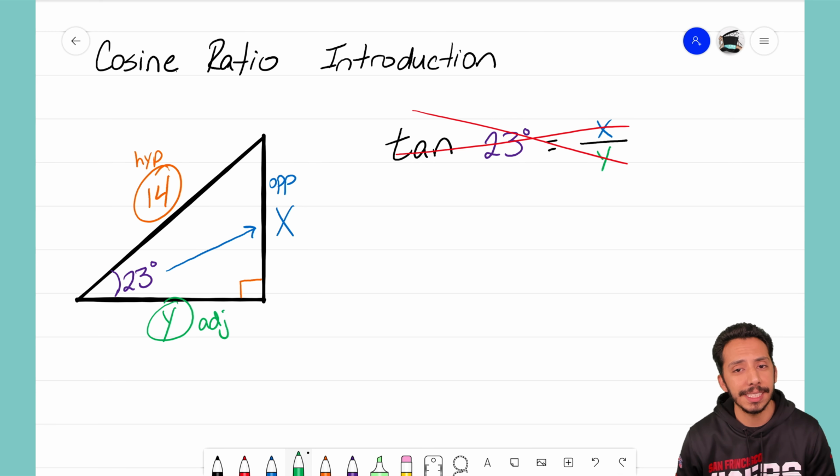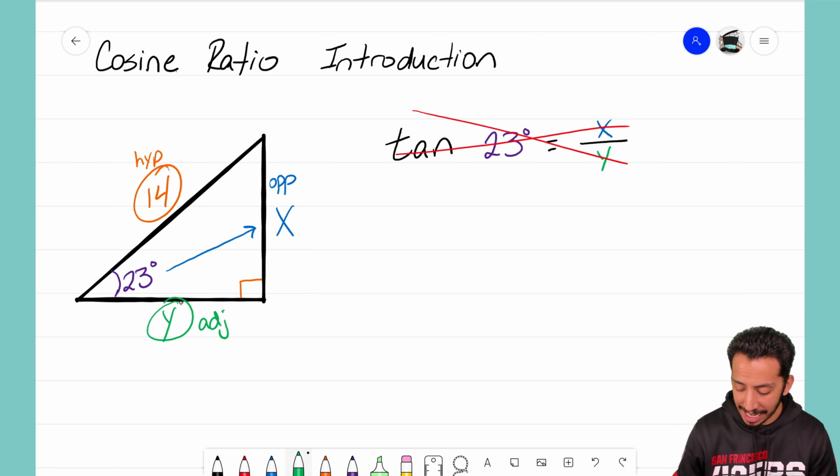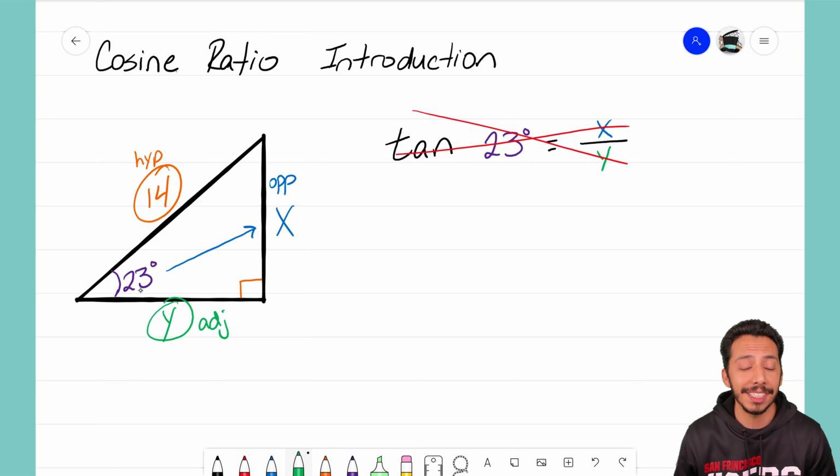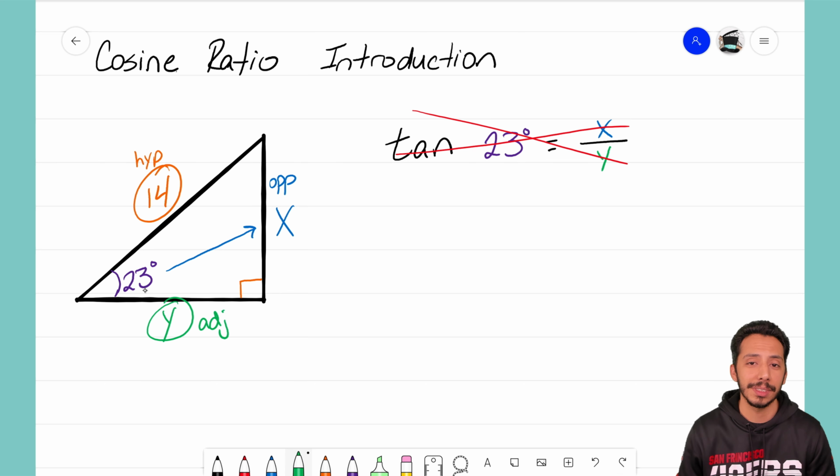And we call it the adjacent side because this is the side of the triangle that is next to, or adjacent to, the reference angle. Okay? X represents the side that's opposite to our angle. Y represents the side that is adjacent to our angle. So we want to solve for y when we know that our hypotenuse is 14. Again, tangent is not going to be helpful here for us.